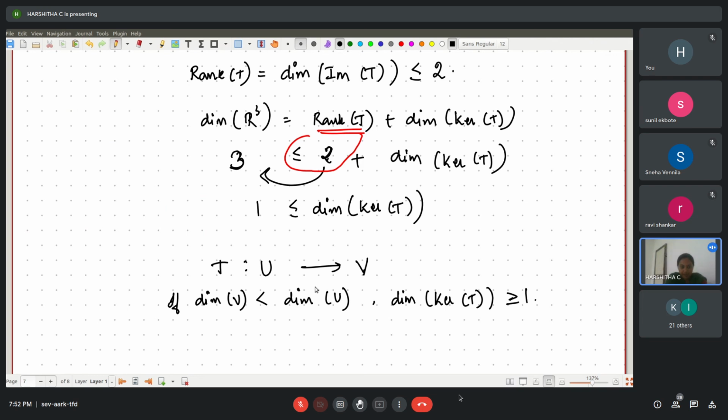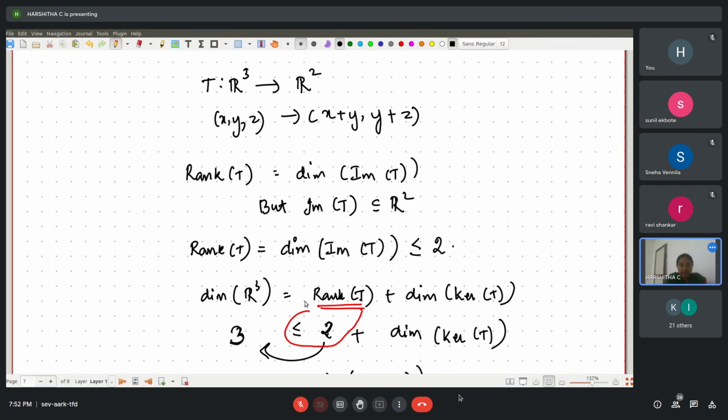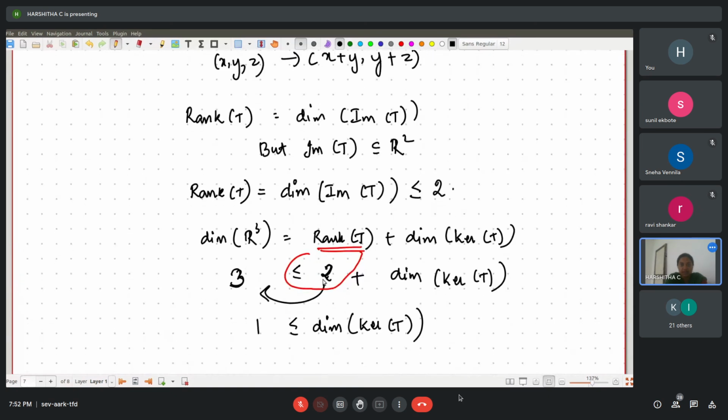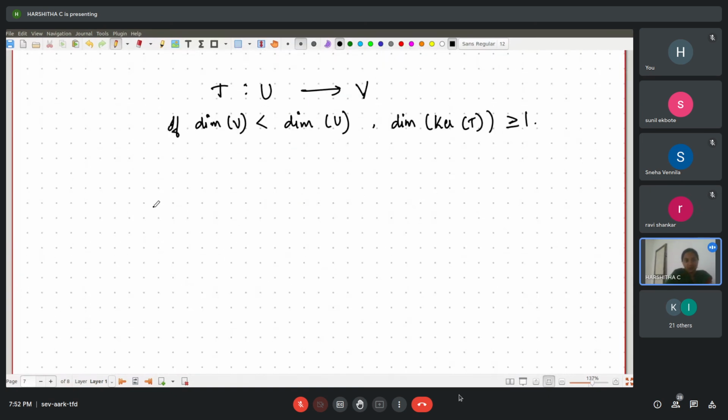So just directly by using this rank nullity, we can say that it has a non-trivial kernel. But in fact, you can find what the kernel is also. You're looking at all those vectors such that x plus y, y plus z gives 0, 0.